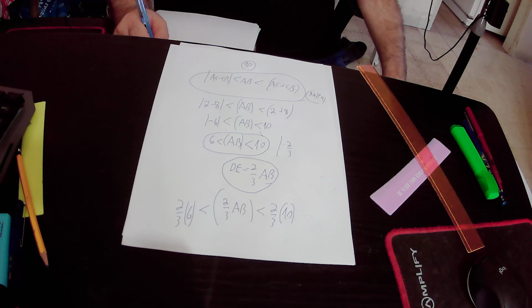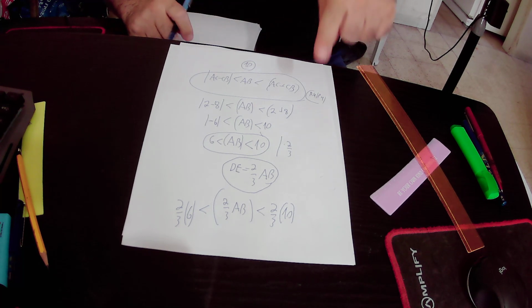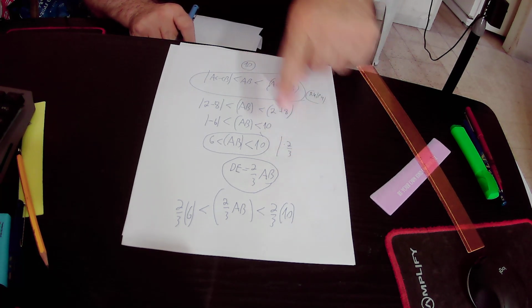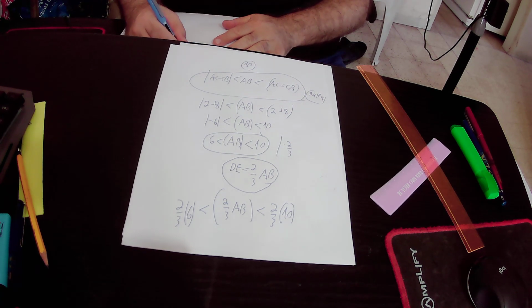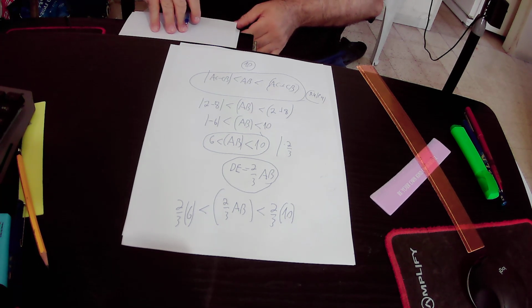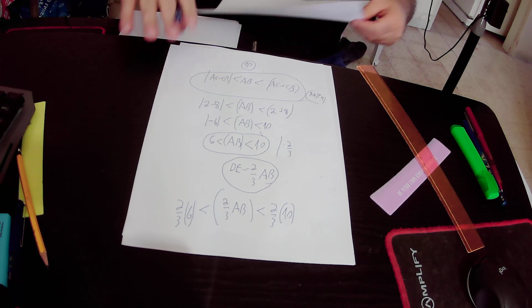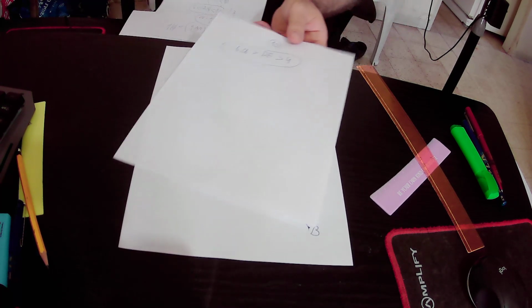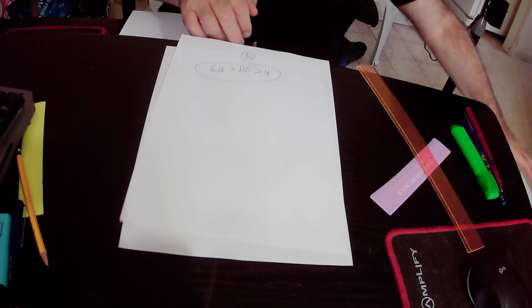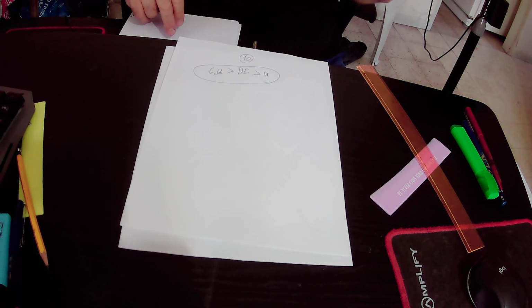So DE is greater than 4, and it is smaller than 2 times 10 is 20, and 20 over 3 is 6.66. Okay, so we found out that DE is greater than 4 and it is smaller than 6.66.